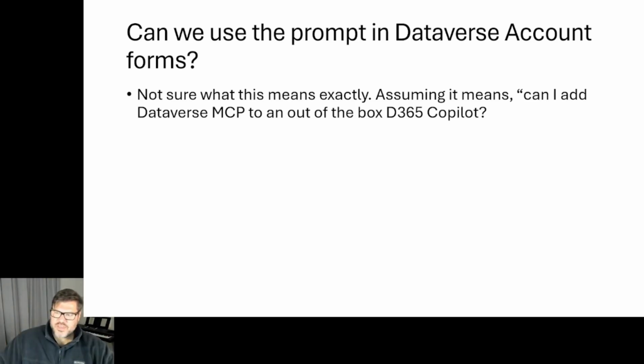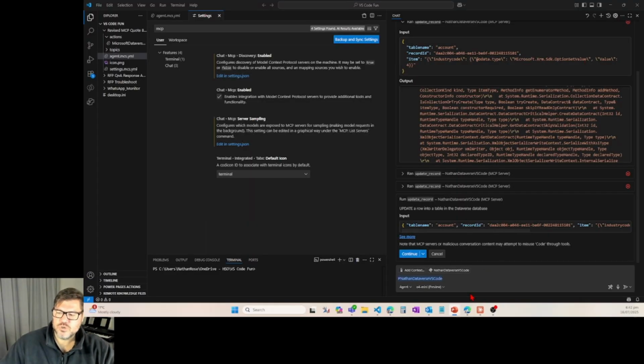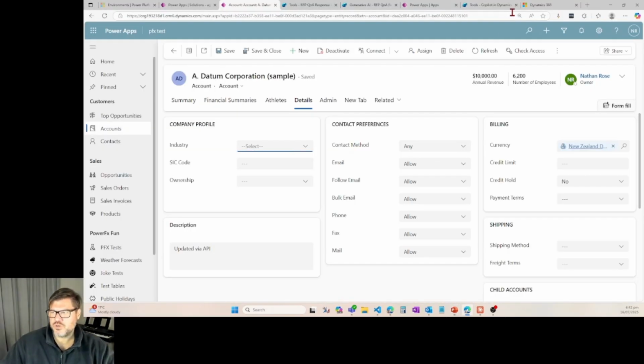But all that aside, let's assume that the question is, I want to add Dataverse MCP to an out-of-the-box Copilot, which is still a really good question. So I tried to do this. Now the answer is you can add it, but it doesn't appear to work. So let me pop out of this and let's get into Copilot Studio and Dynamics, and I'll show you.